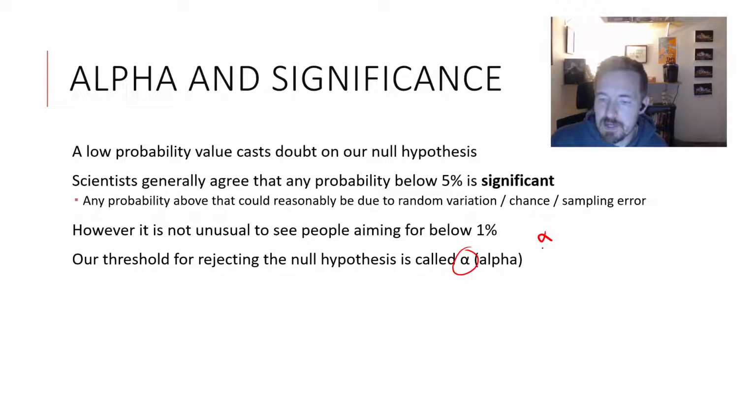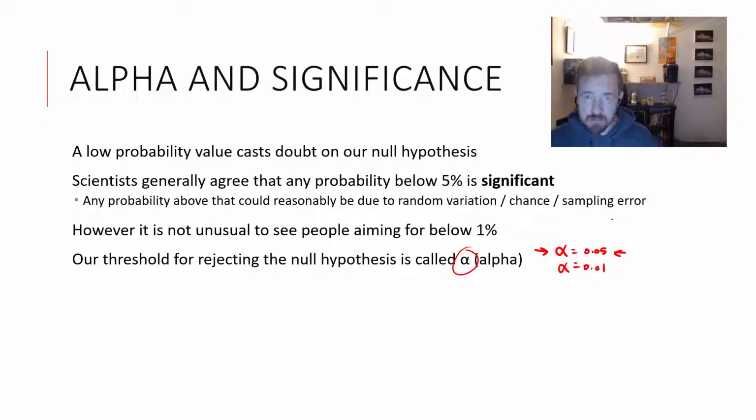So if you see this little guy, that is your alpha level. In most cases, we're going to say that alpha is going to be equal to 0.05. Sometimes you're going to see alpha equal to 0.01. Either way, it's always going to be less than 1. The alpha value can never be greater than 1. So generally speaking, the industry standard is that alpha is 0.05.